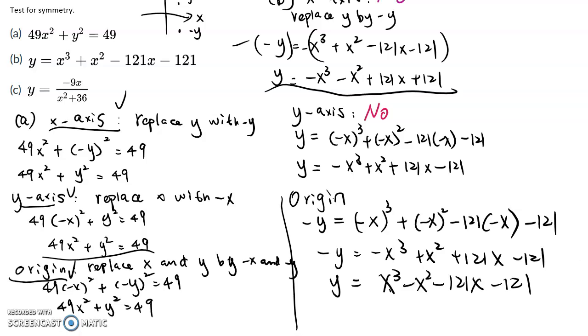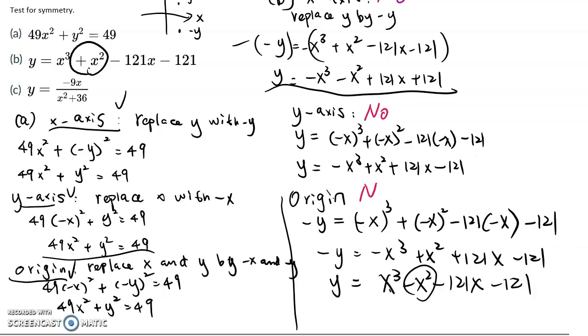Is that the same equation? Let me compare to the original one. Unfortunately, that's not the same. The original one is plus x squared. What I have is minus x squared. So it's not the same one. So it's not symmetrical with respect to the origin either.